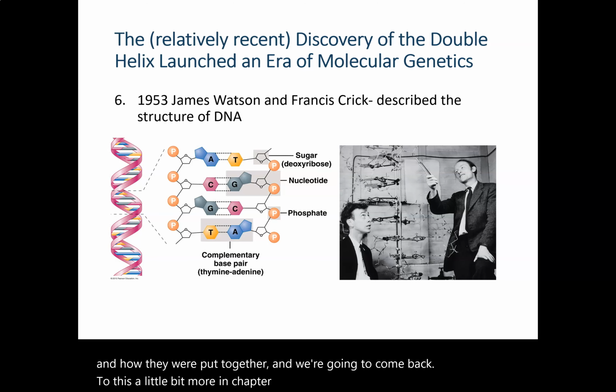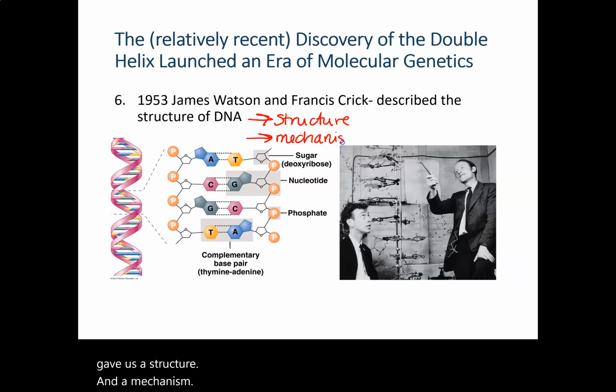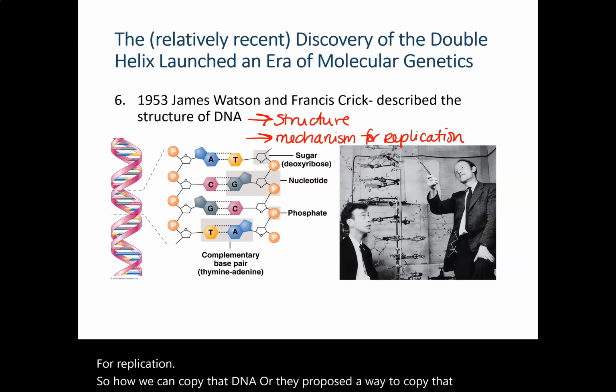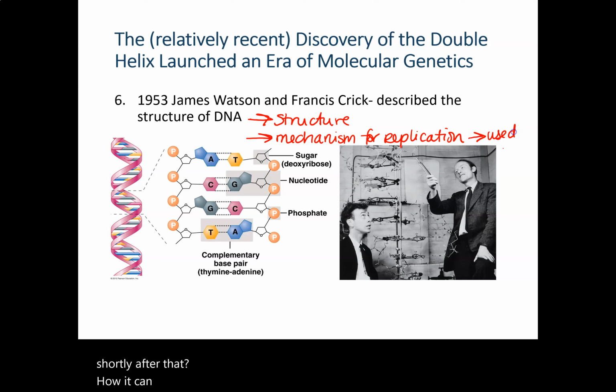But this was really important because it gave us a structure and a mechanism for replication. So how we can copy that DNA, or they proposed a way to copy that DNA. And then shortly after that, how it can be used to make proteins.